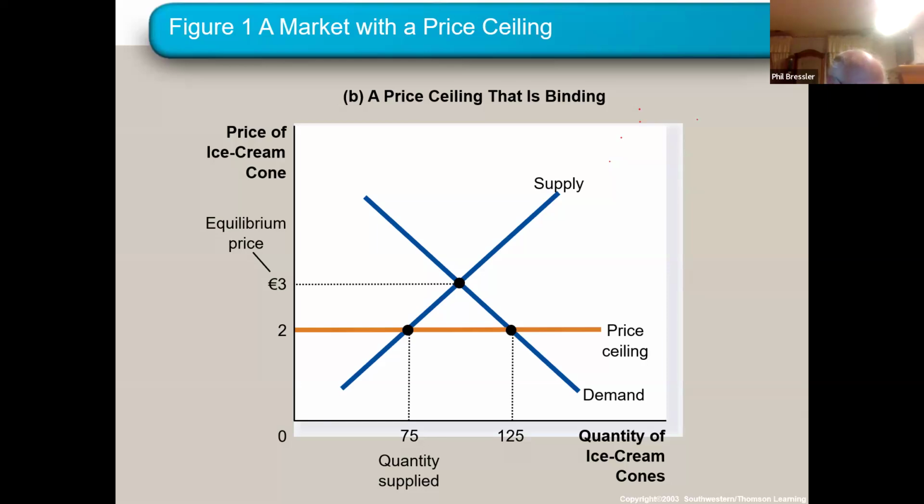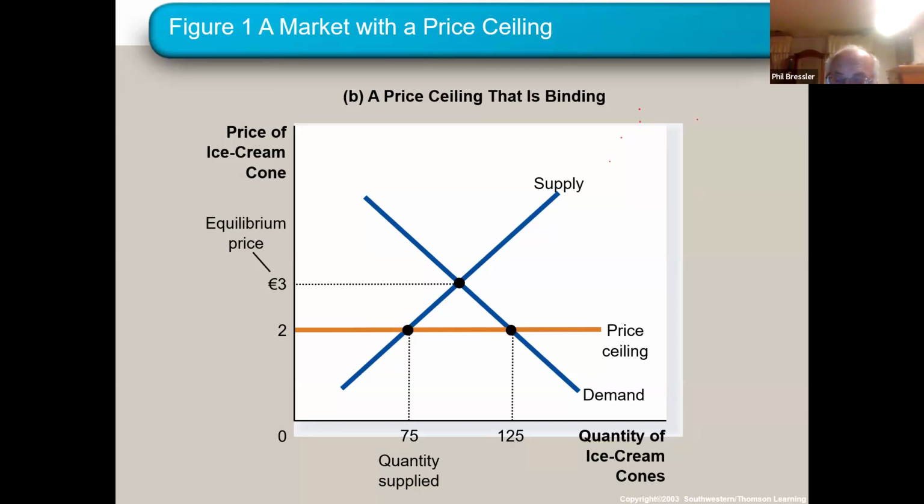Okay. Now, all you have to also know with this is, again, they like to ask a question, say, if the government takes the price ceiling away, what would happen? Well, price would obviously go up from 2 to 3. Quantity supplied would go up because you're going up this curve to get to the equilibrium, and quantity demanded would decrease.